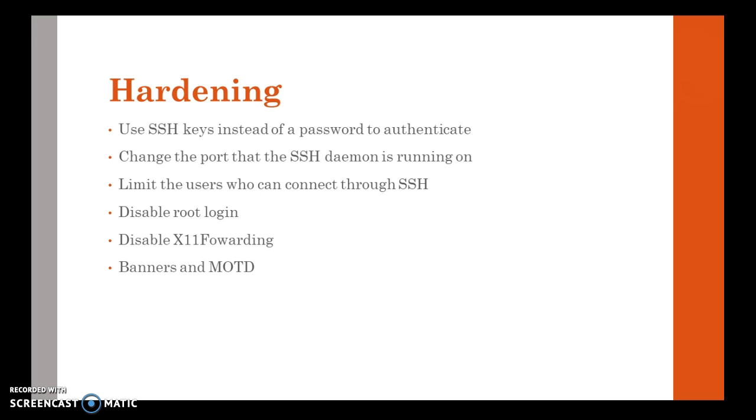Disabling root login. Now, obviously this is a hardening method that can be used in a multitude of things. Having root login will allow people to have unnecessary control over the system.